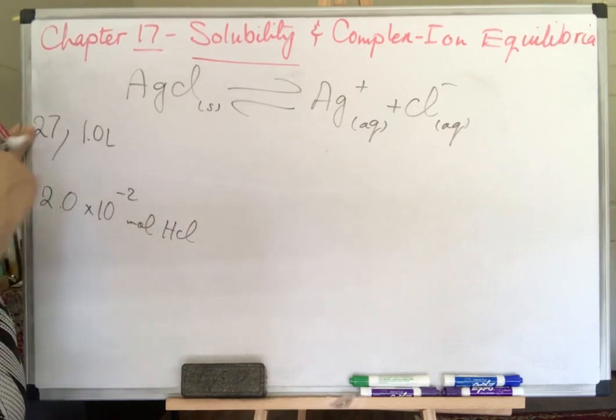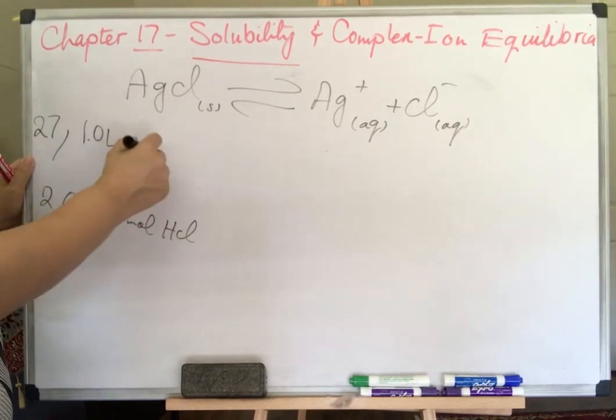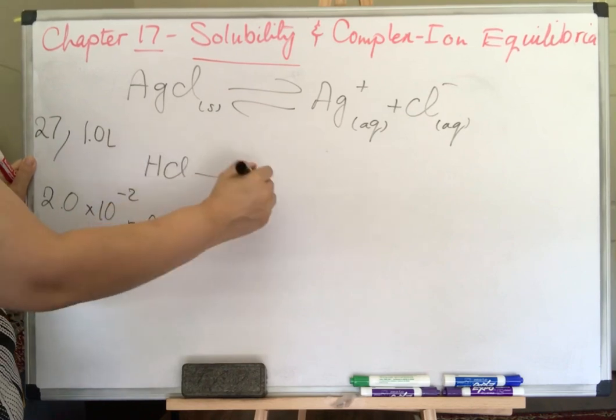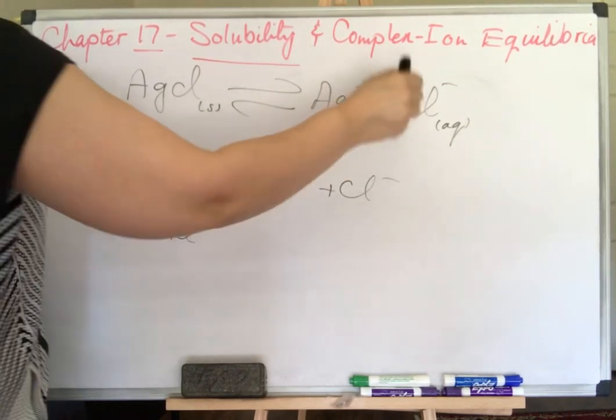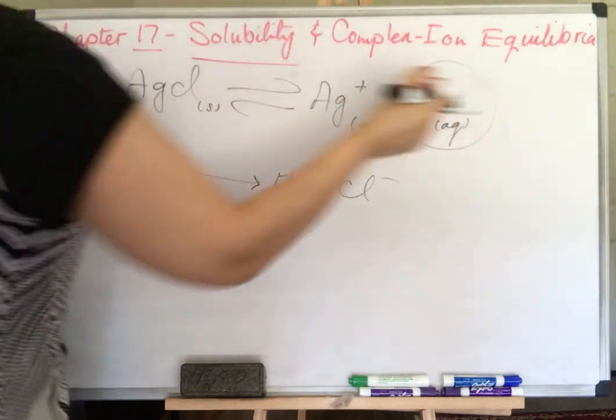So which compound is extra? HCl is going to change to H and Cl. So what is the common ion? Chloride is your common ion.